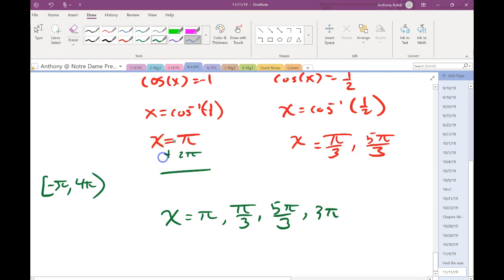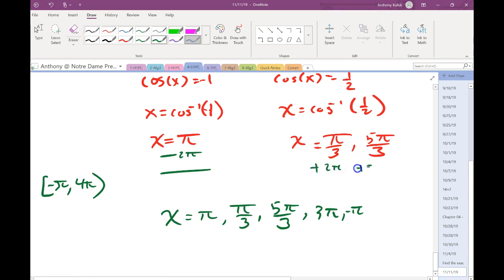So we've got all the positive directions. Now let's look at the negatives. If I subtract 2 pi from this, am I on the interval? Just barely, right? Because I have the bracket. The bracket means it is including that value. The parenthesis does not include that value. So we are good there. Now we have to do the same thing for each of these.